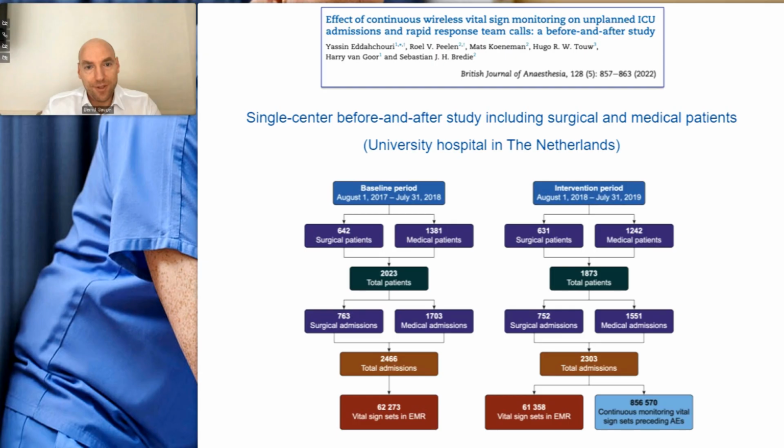There are inherent methodological limitations of an approach like this because there are a lot of things in patient pathways and clinical care that can change over time, but nevertheless, those studies are important.